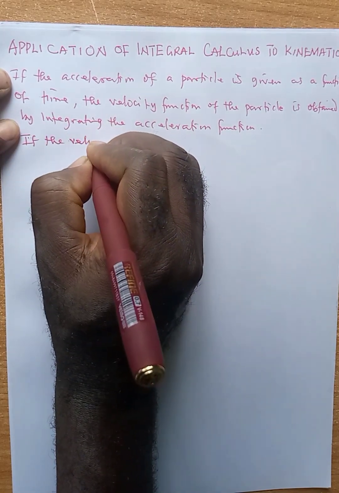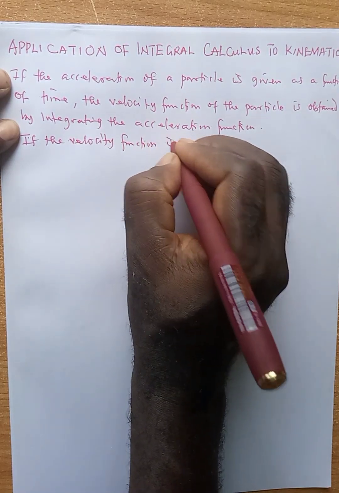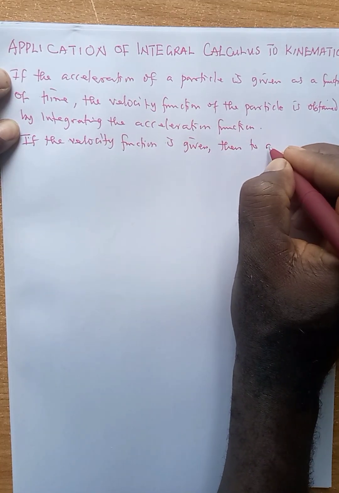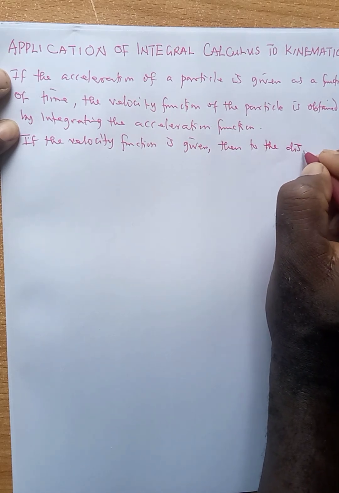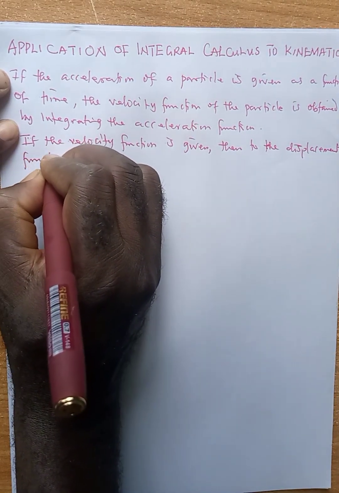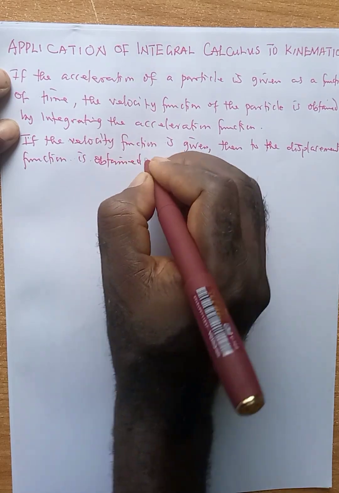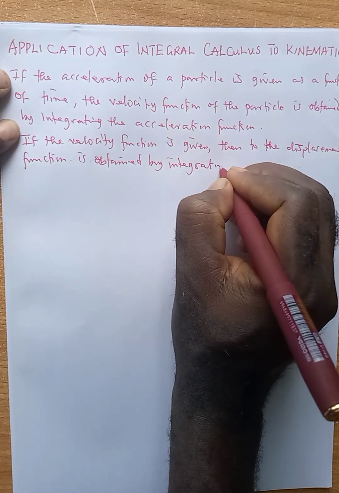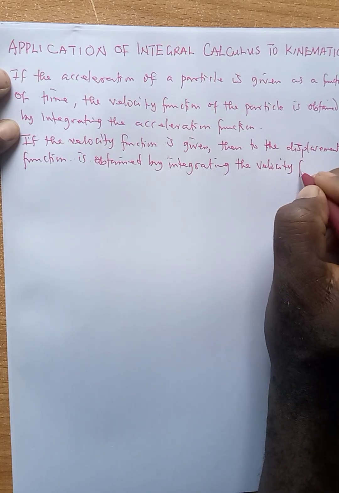If the velocity function is given, then the displacement function is obtained by integrating the velocity function.